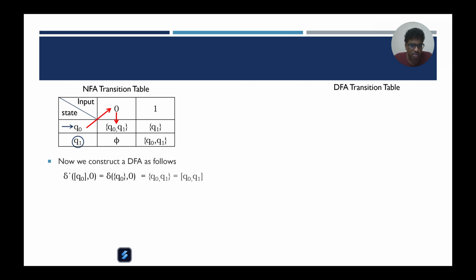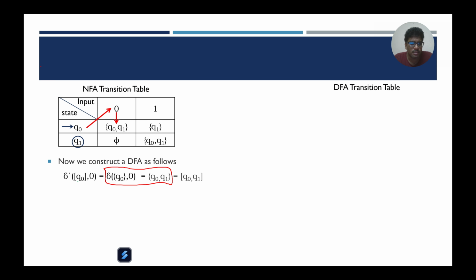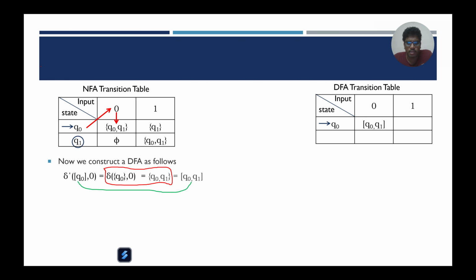This is the representation for the NFA, and this is the representation for the DFA. Now we will write the transitions in the table. In state q0, by reading 0, we reach the state [q0, q1]. It is going to be placed here.